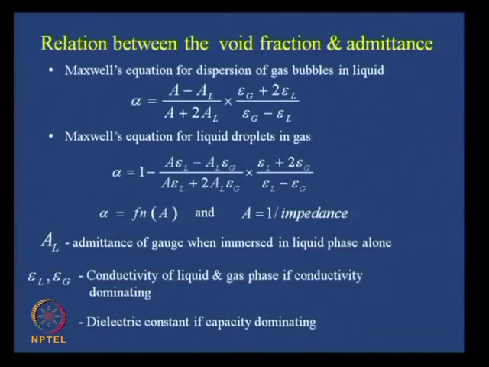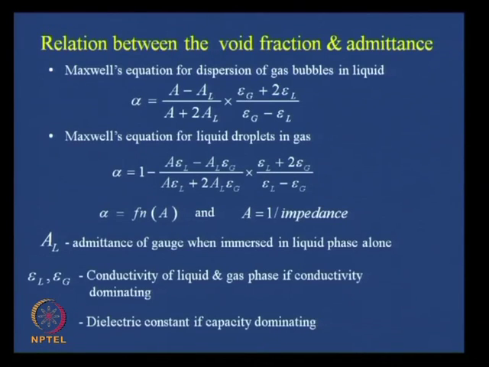After we measure the conductivity, we have to convert it to the void fraction, because our final aim is to find out the void fraction, isn't it? So, to convert the conductivity to void fraction, we need some sort of a relationship. Usually Maxwell's relationships are used for this purpose, because of the admittance, which is nothing but 1 by impedance.